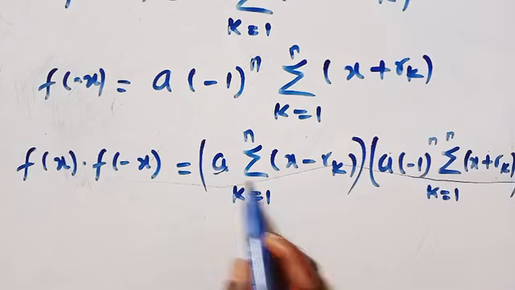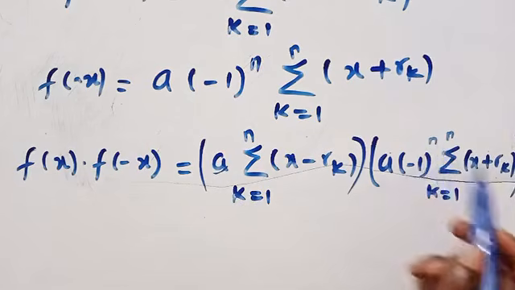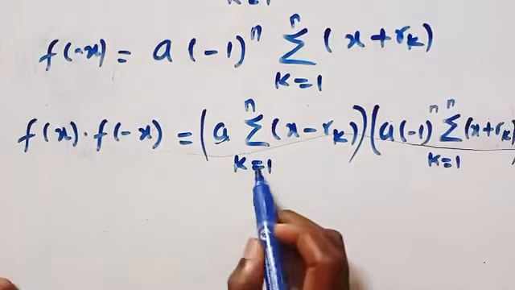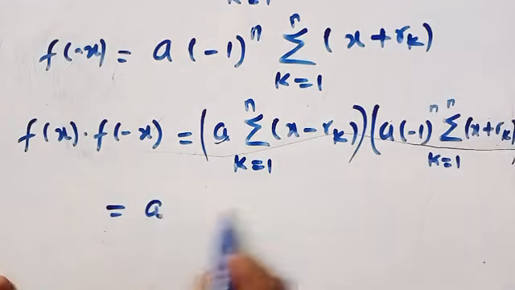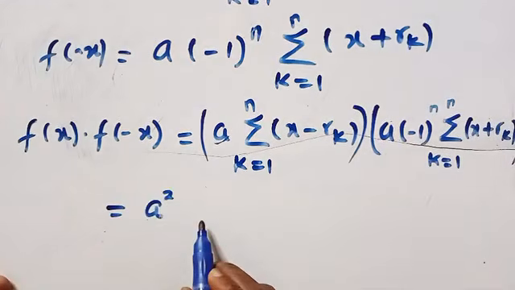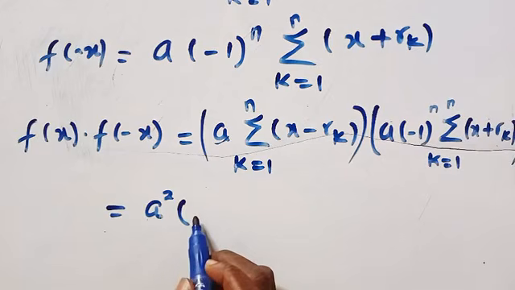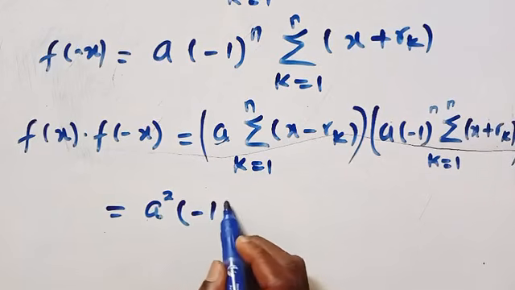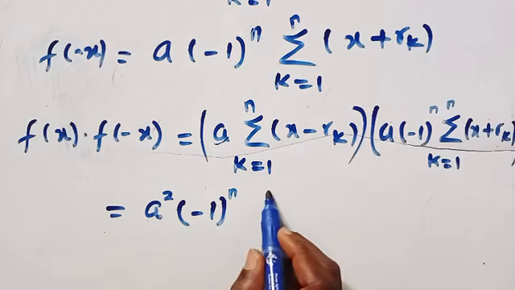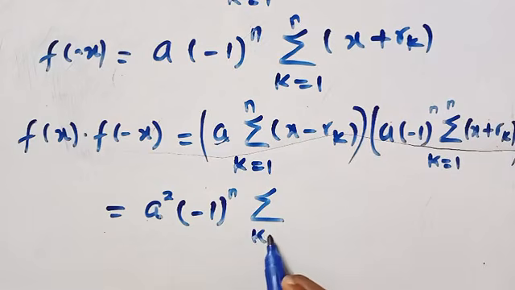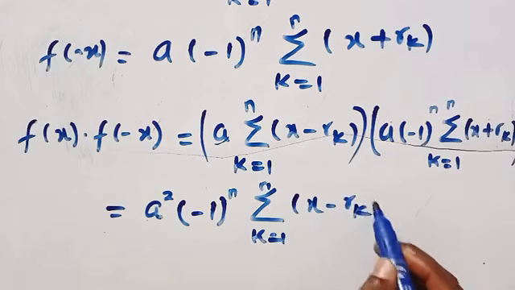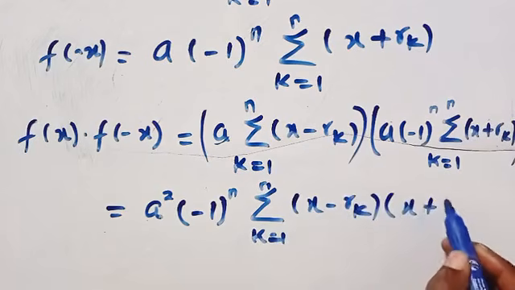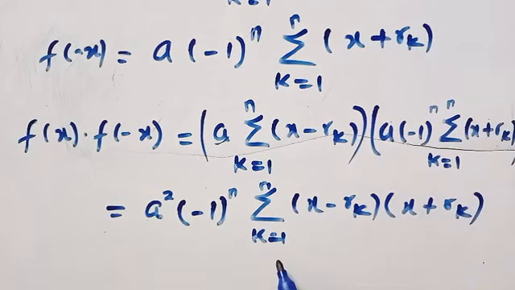Then we take out a and a times minus 1 raised to power n, and we combine the two products together. So this equals a multiplied by a, that gives us a squared, then open bracket minus 1 raised to power n, the product for k equals 1 to n. So we multiply x minus rk with x plus rk.